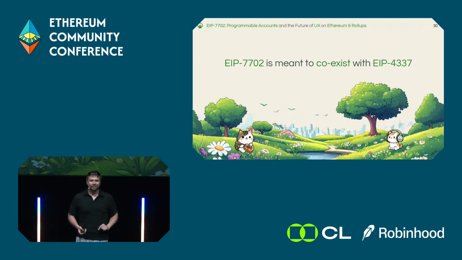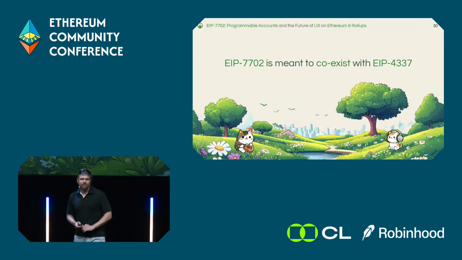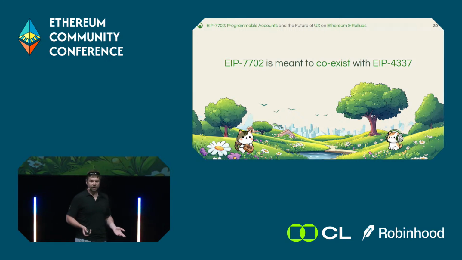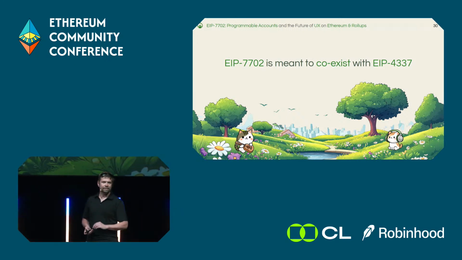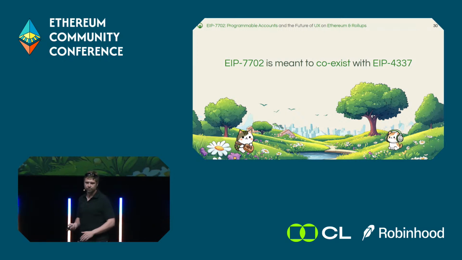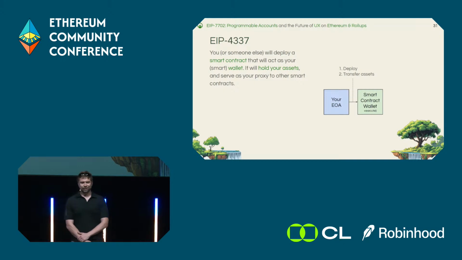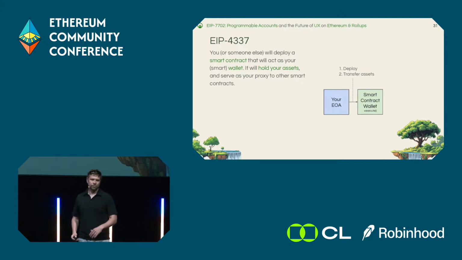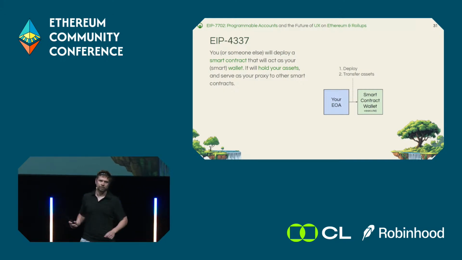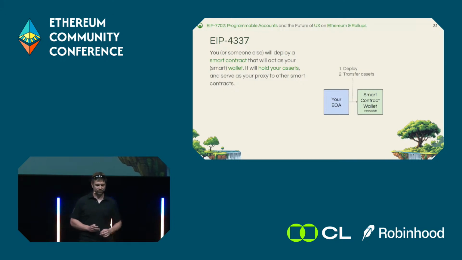So back to that. As I said, EIP-7702 is meant to coexist with EIP-4337. 4337 is the preceding EIP, from the year 2021. Some of the authors are the same, so EIP-7702 is not replacing it. Both of them should exist.